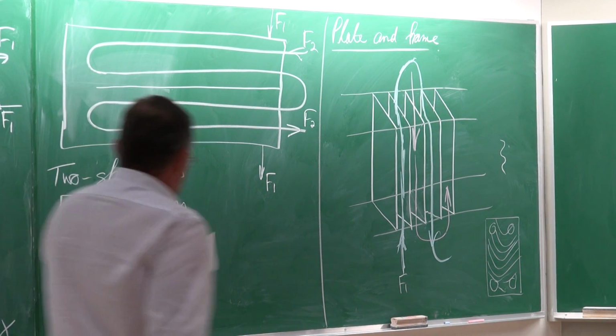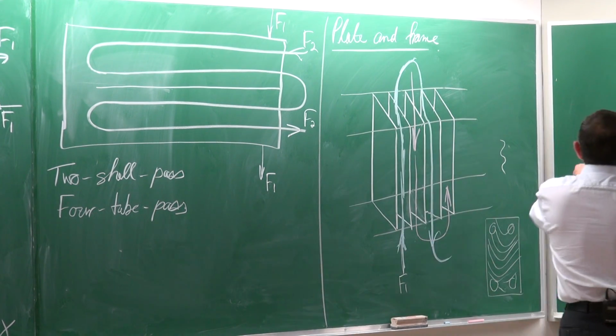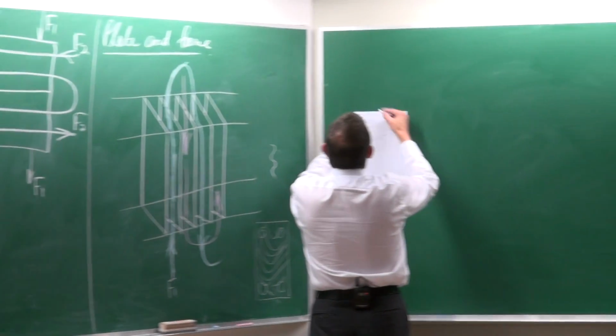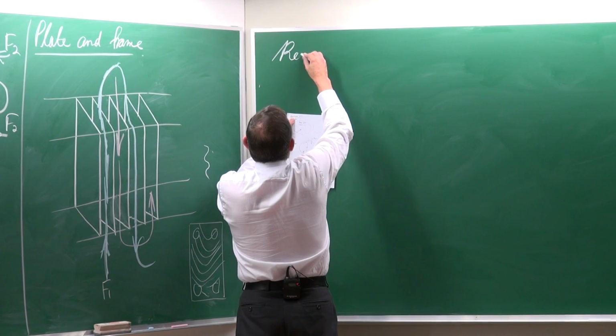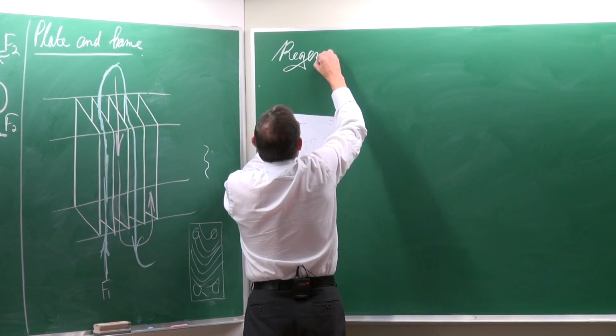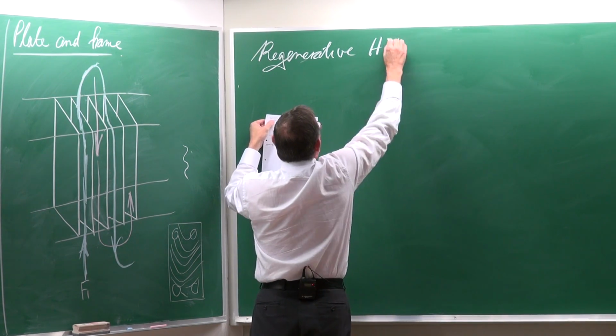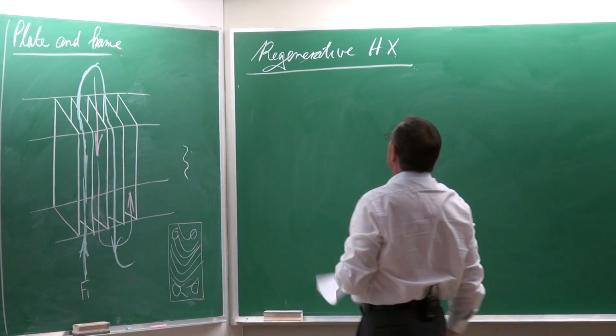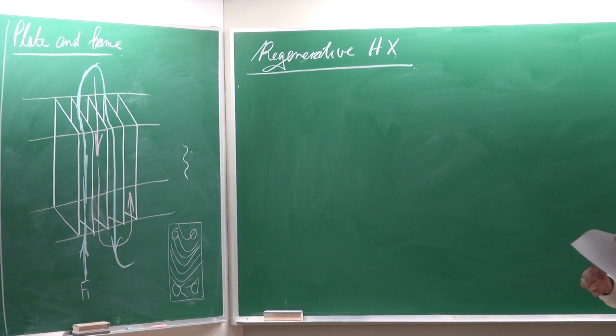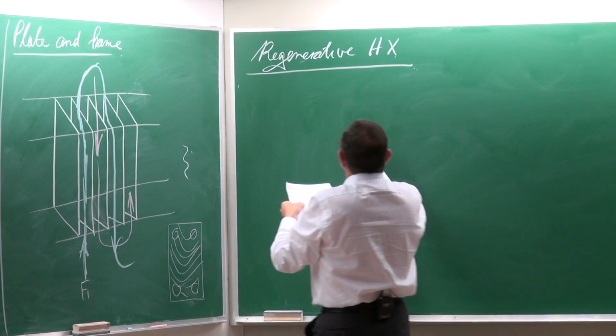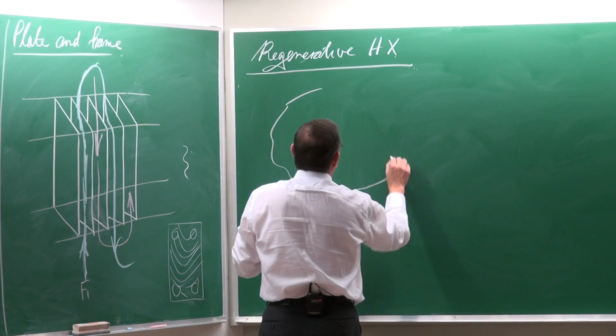Okay. The last category of heat exchanger, before we get to the mathematics, would be the regenerative heat exchanger. In that heat exchanger, we would actually have a porous media.